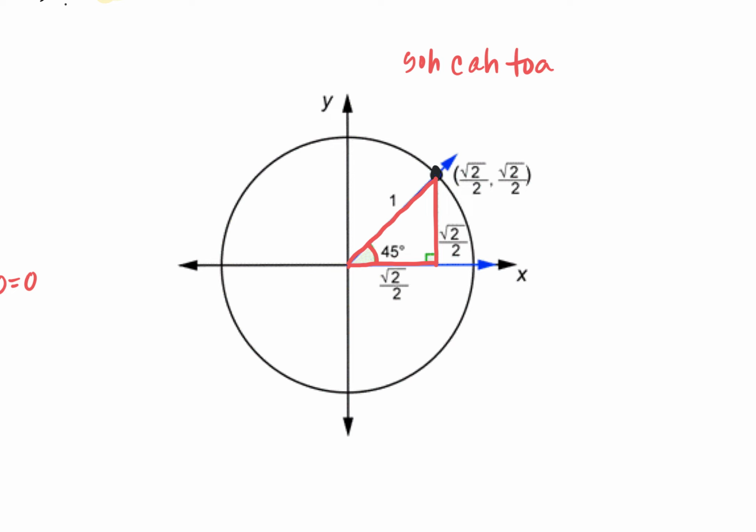So the sine of theta, in this case 45 degrees, is going to be equal to the opposite side from the angle, which would be the square root 2 over 2, over the hypotenuse. In our case, our hypotenuse is just 1. So sine of 45 degrees is square root 2 over 2 over 1, in the case of the unit circle, which would just simplify to the square root 2 over 2.